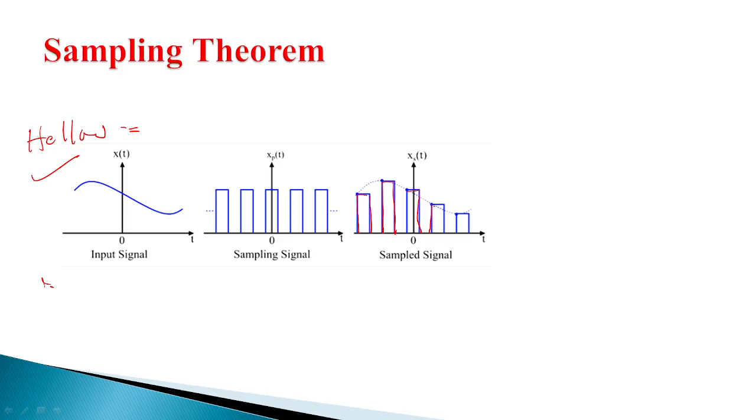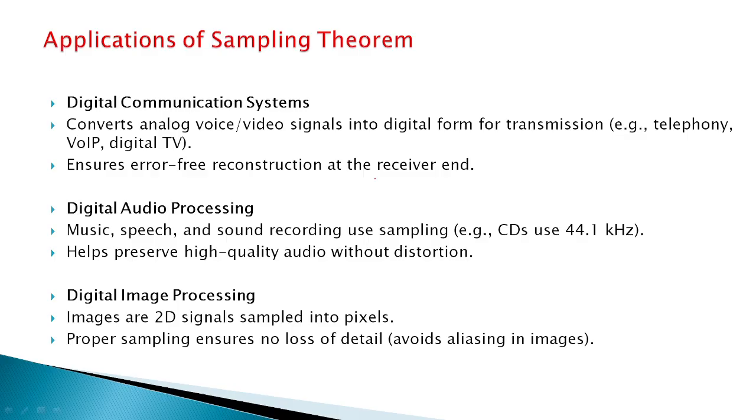Of course, there are different sampling techniques, such as flat top sampling and natural sampling. Again, each has an equivalent predefined digital code.